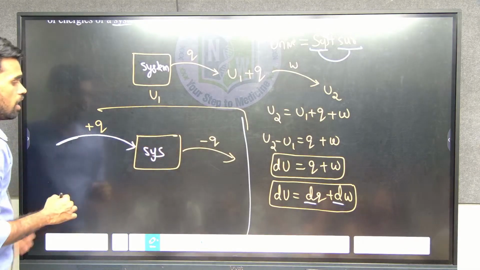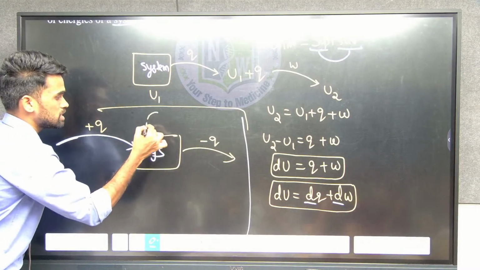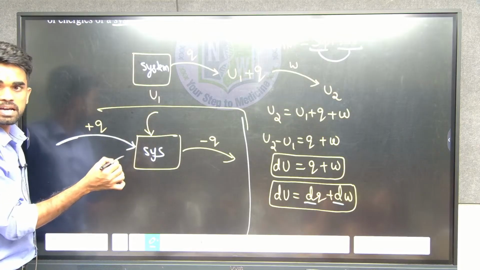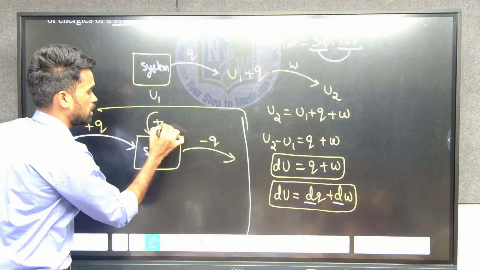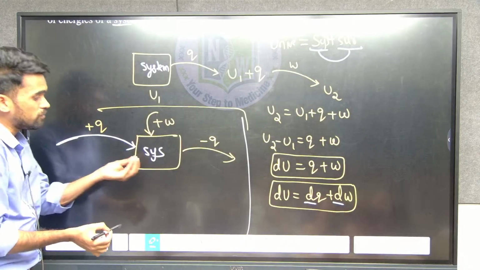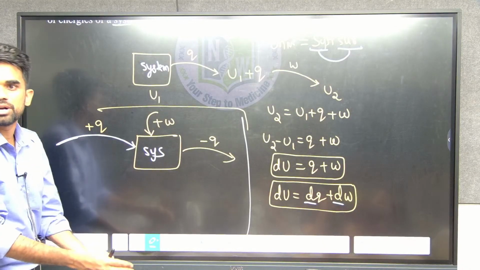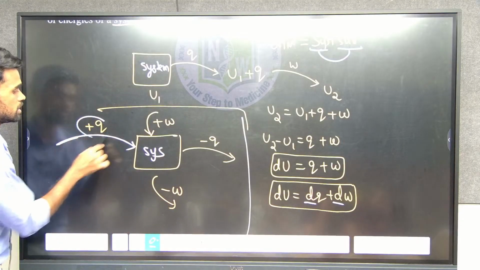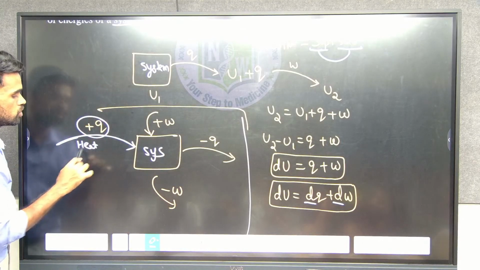Or you may be doing some work on the system, so it should be plus W. If the system is doing some work on the surroundings, it is minus W.